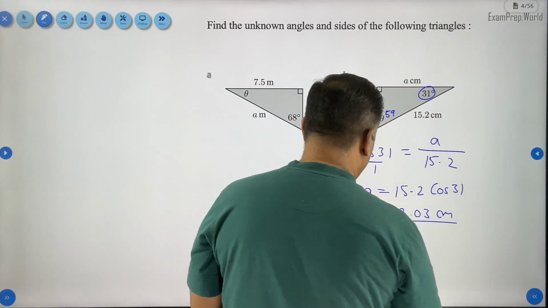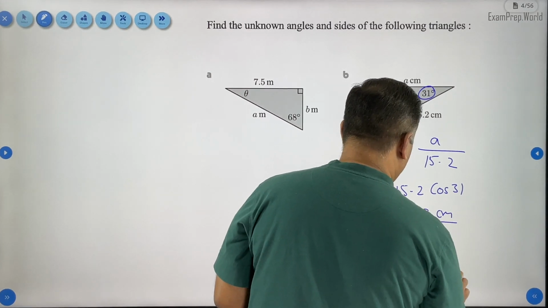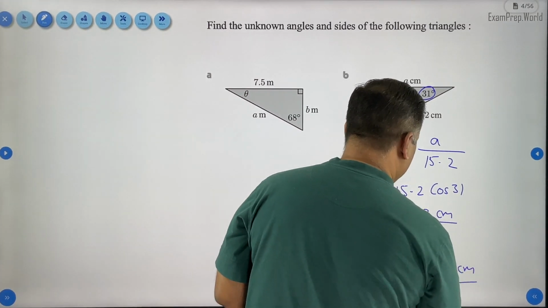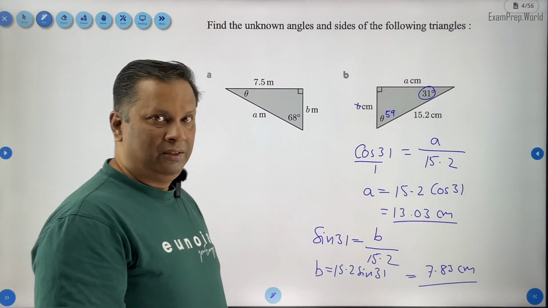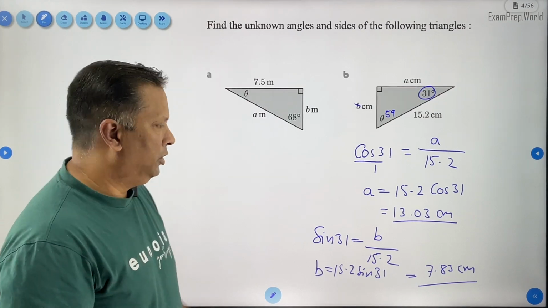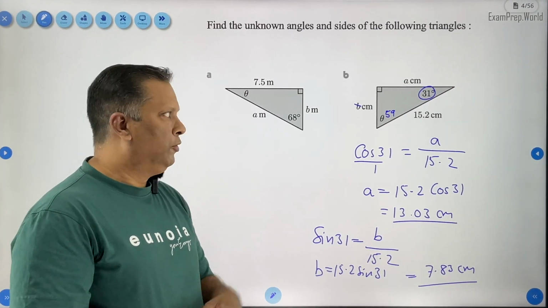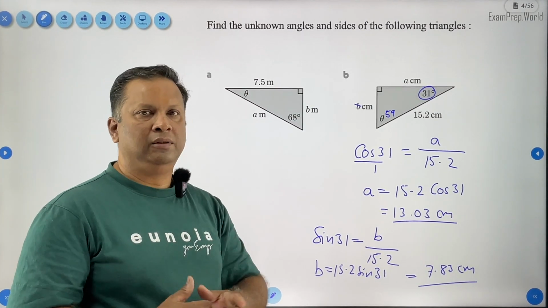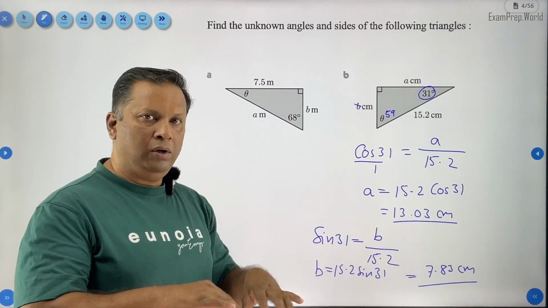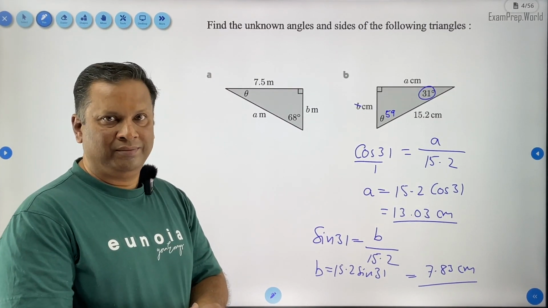What do we get? 7.83 centimeters. Interesting, right? So trigonometry is such a powerful tool. If you know one of the angles and one side, you will be able to find all other angles and all the sides, right?